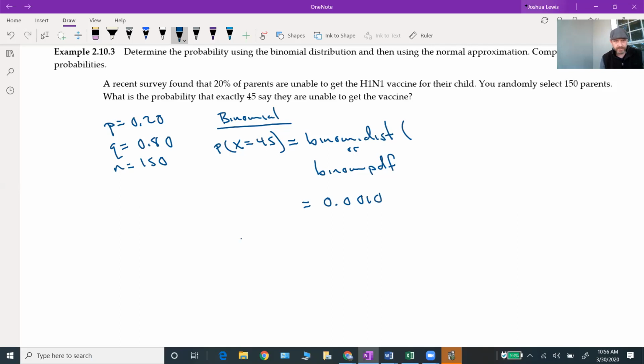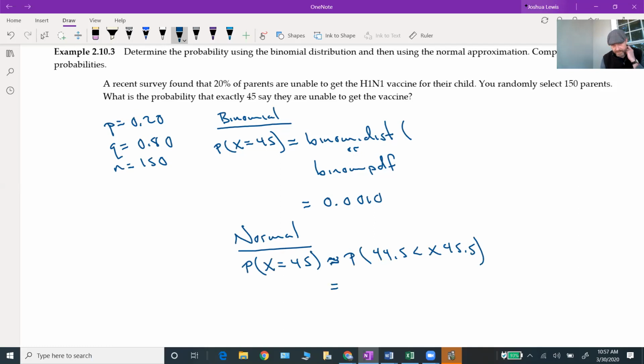Now, let's take a look at what happens if we use the normal distribution. Well, I need to correct for continuity, right? So I'm going to move left and right by 0.5. So I'm going to go from 44.5 to 45.5, and then use that norm dist.